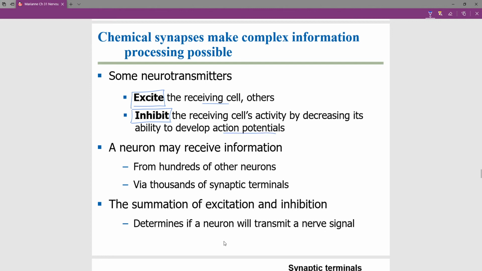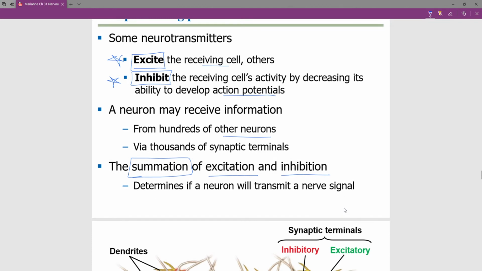A neuron can receive information from hundreds of other neurons, some releasing excitatory neurotransmitters and some releasing inhibitory ones. So for the receiving neuron, it's the overall net effect, the summation of the excitatory and inhibitory neurotransmitters being secreted by the sending neurons, that decides whether it's actually going to fire.